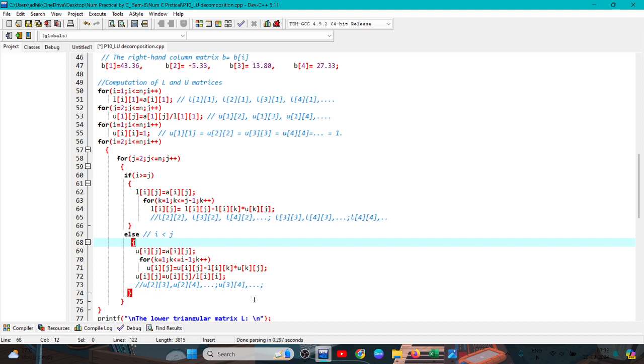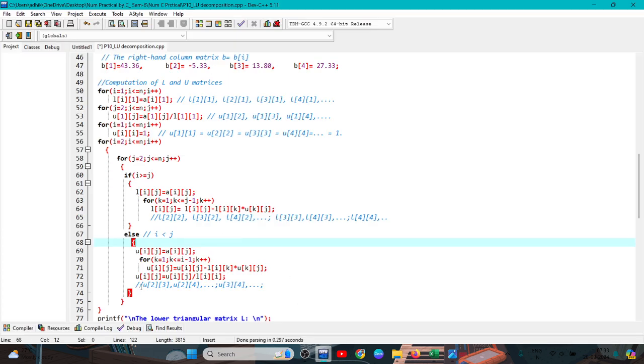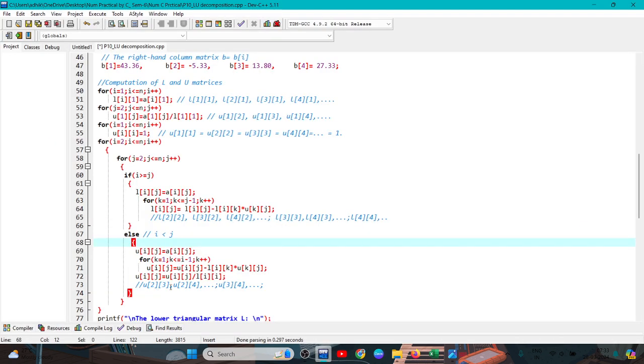So this is u2j, j equal to 3, u23 equal to a23 minus L21 into u13, whole divided by L22, so you get this element.